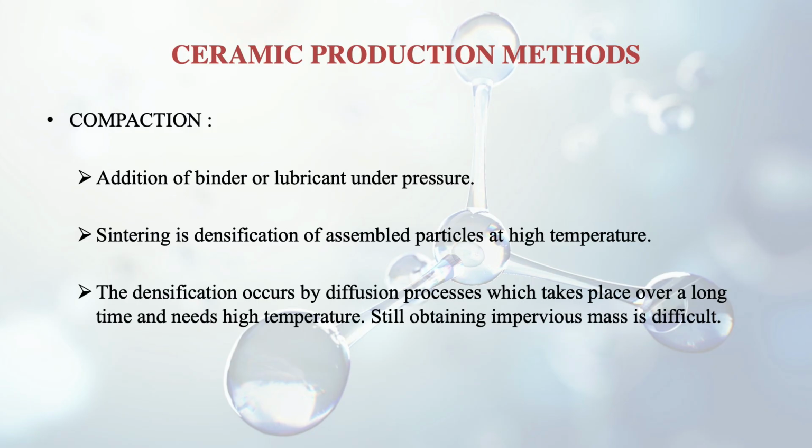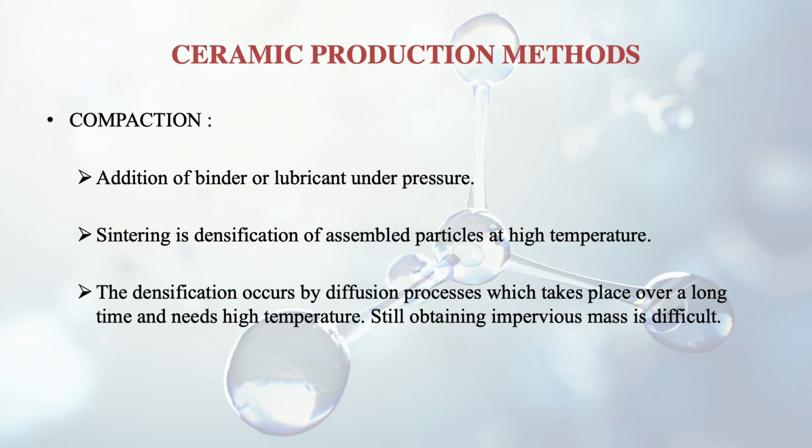And this densification occurs by diffusion processes, which you may have read in your chemistry subject. Diffusion takes place where the molecules diffuse amongst each other, and this takes place over a long time and needs high temperature. But still after this diffusion and sintering densification process, getting an impervious mass is very difficult, meaning pores will still be there.